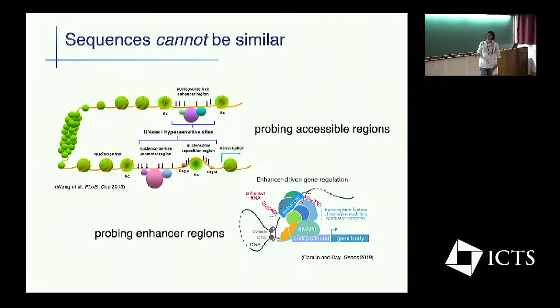If you're looking at open regions, they could be open because they're promoters, they're enhancers, whatever. Similarly, enhancers could be enhancers based on what aspect of enhancers you're assessing or measuring in your assay. So a single motif is not going to explain because you have multiple motifs in each region.